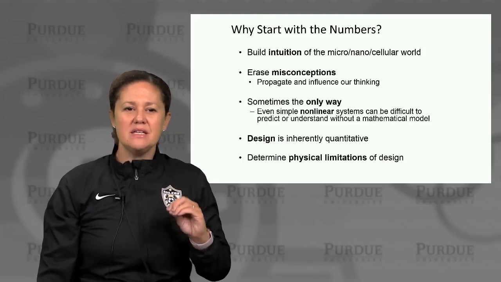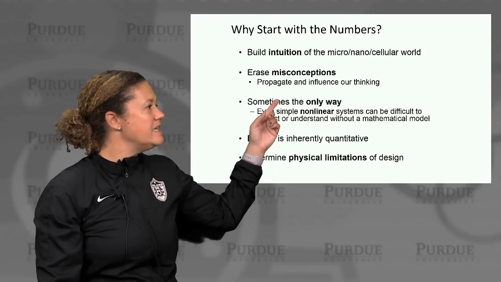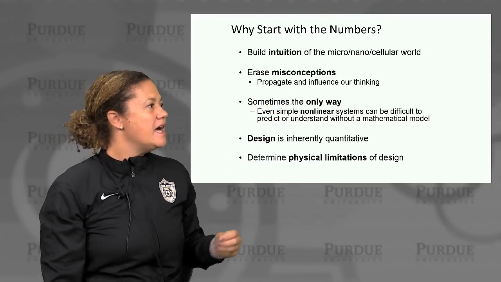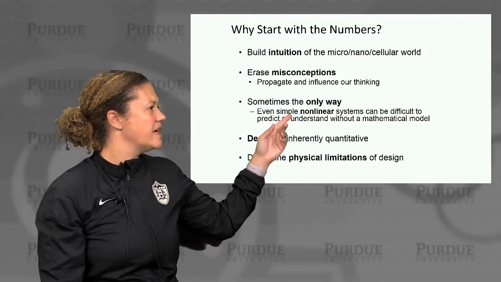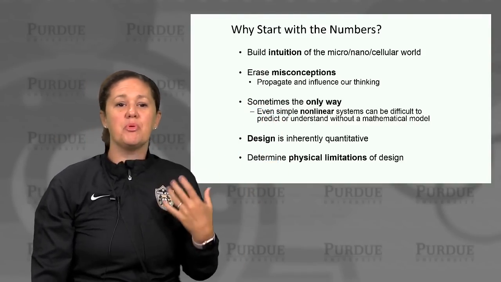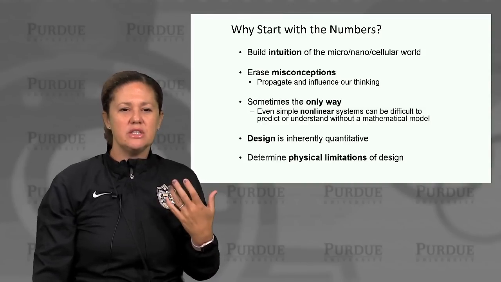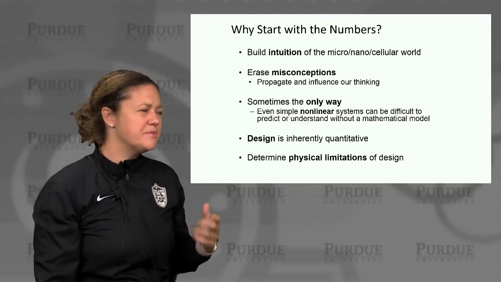So first, why are we starting here? Why start with the numbers? If we're going to engineer cells, we really need to build some intuition about our cellular world at the micro, nano, and cellular scale. So we need to erase some misconceptions that can propagate and influence our thinking if we're not really grounding ourselves in what the real numbers are, real orders of magnitude.